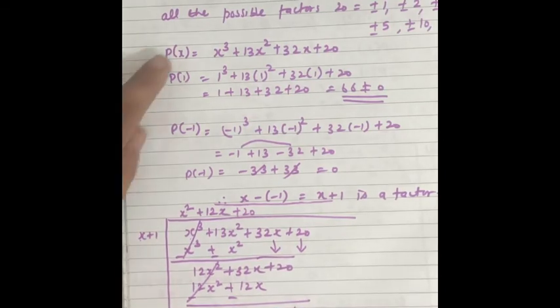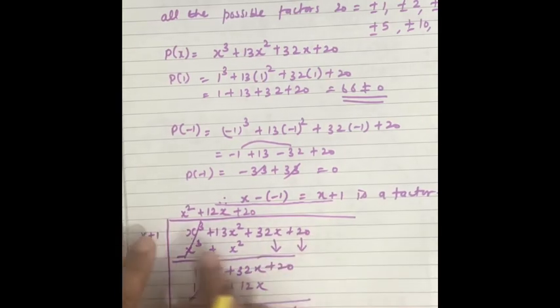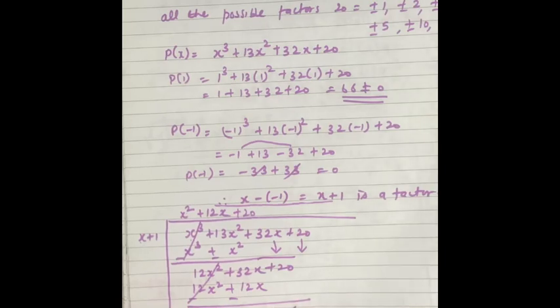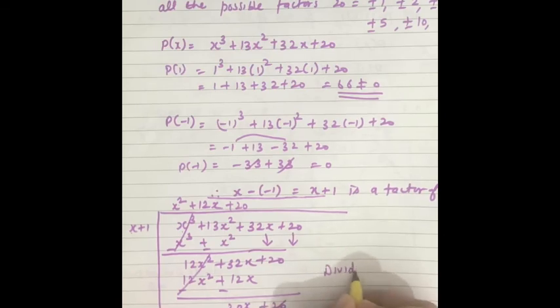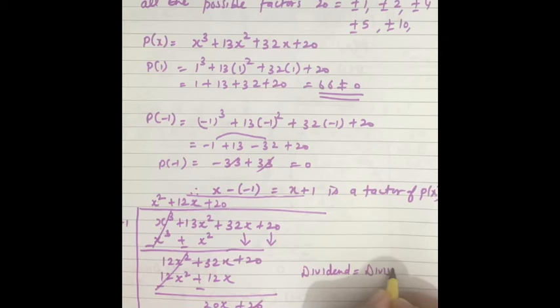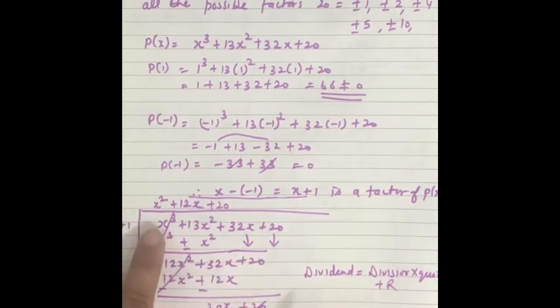Therefore, this polynomial p(x), this dividend, is equal to divisor into quotient plus remainder. We'll write down here the division algorithm. Division algorithm is dividend is equal to divisor into quotient plus remainder. So our dividend is this one.